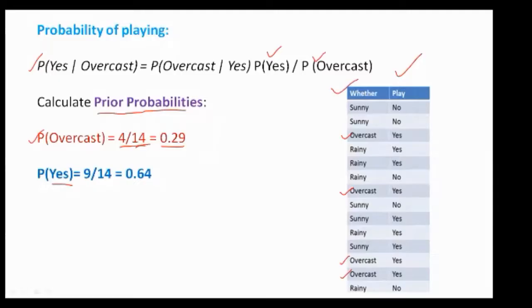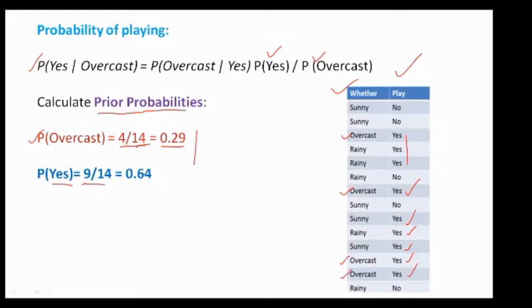So S, how many S are there that you have to count? 3, 4, 5, 6, 7, 8 and 9. So 9 S are there. So probability of S will be 9 divided by 14, that is 0.64.